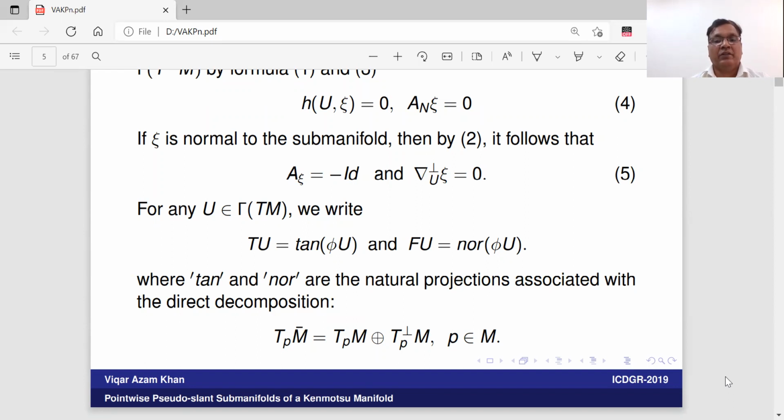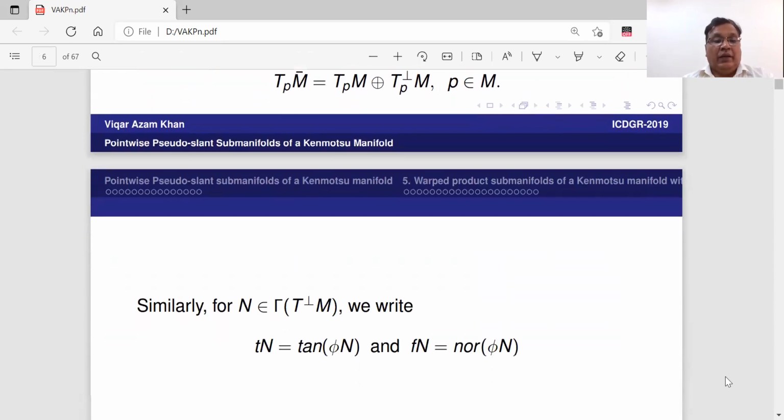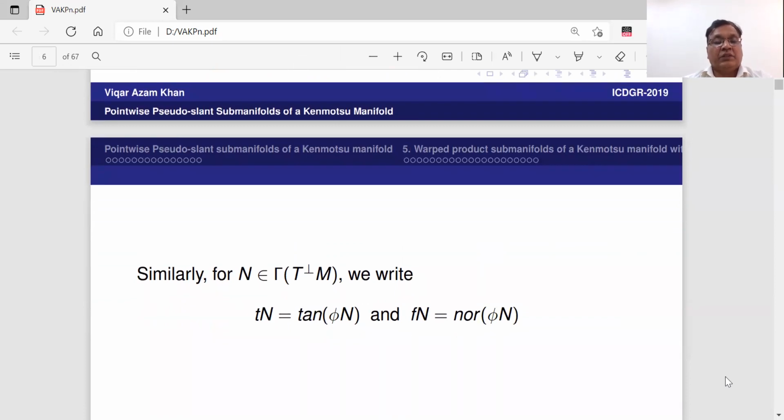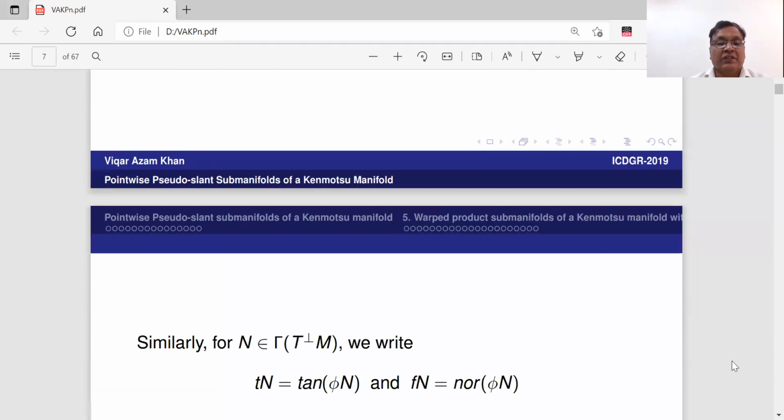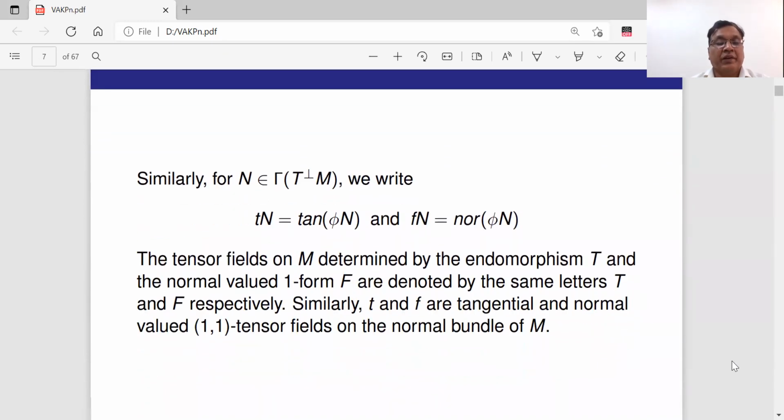One is tangent valued and the other is normal valued. Similarly, we can decompose for any normal N: phi N will have tangential and normal parts. The tangential part will be denoted by small tN, and small fN denotes the normal part. These are some conventions of the symbols that I'm specifying here.